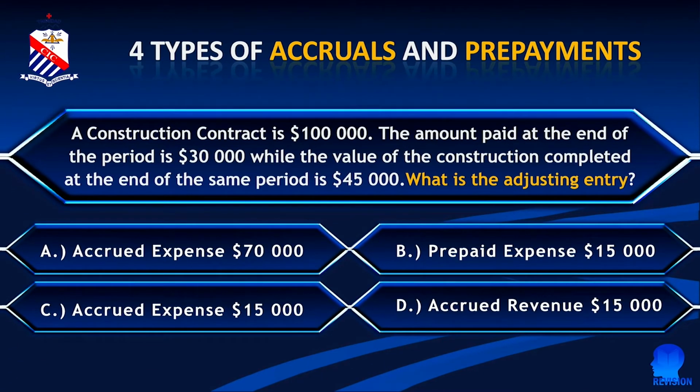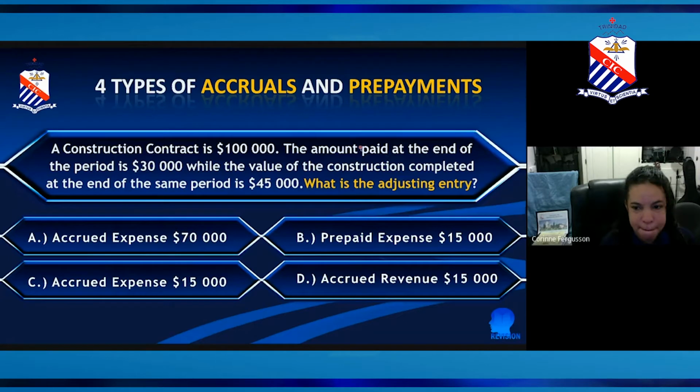I don't know if this looks familiar to you, but this was in your activity. So we have a construction contract of $100,000. The amount paid at the end of the period is $30,000, while the value of the construction completed at the end of the period is $45,000.